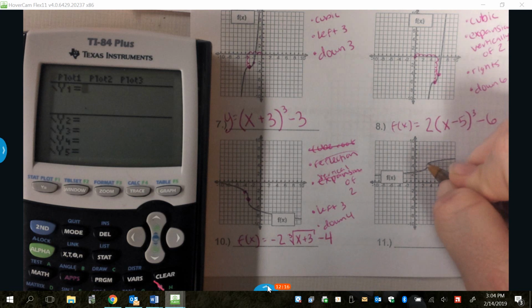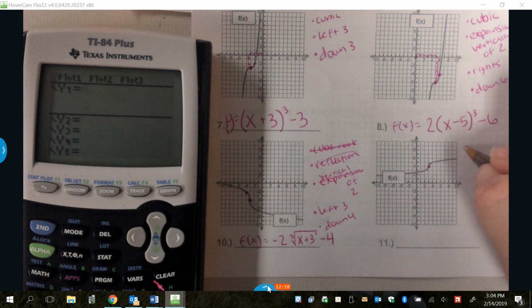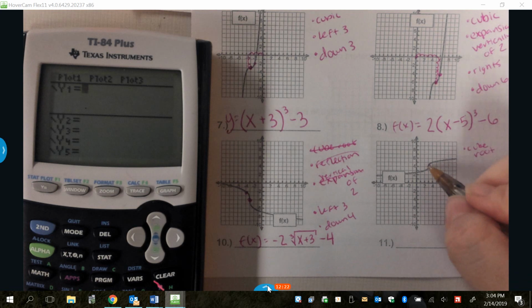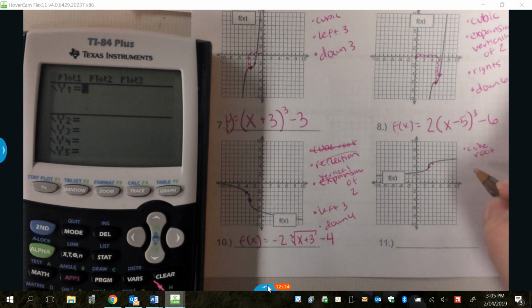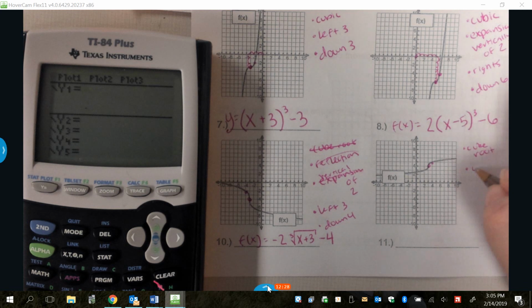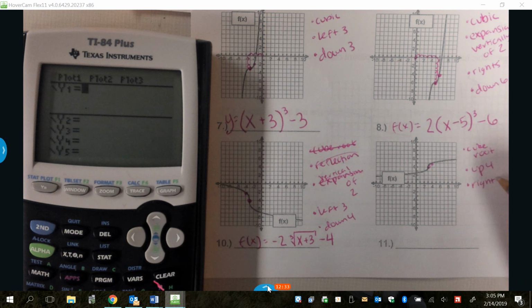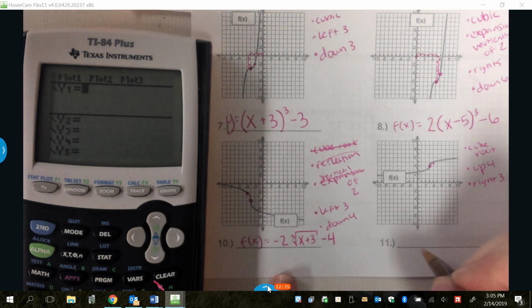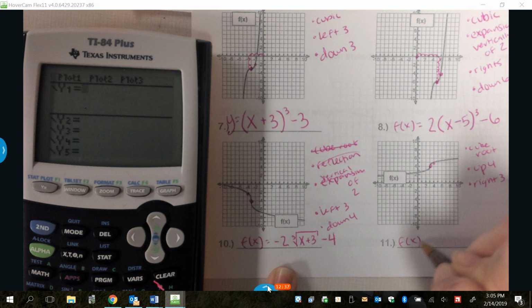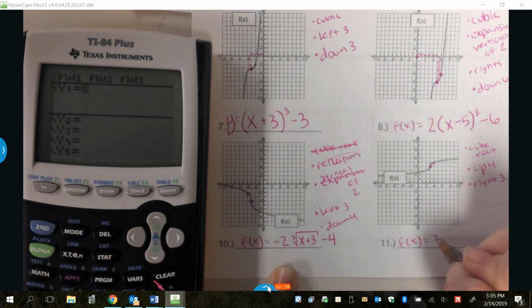Okay, here's my vertex this time. So again, cube root. This time it's increasing, so there's no reflection. It went up 1 over 1, so there's no expansion or compression. It went up 4, right 3. Okay, so there's nothing in front because there's no reflection or expansion.